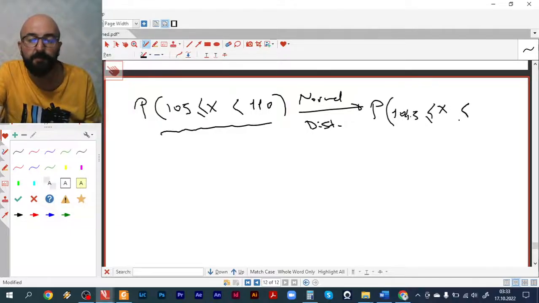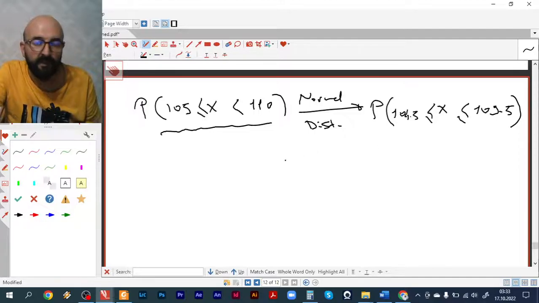And for the upper boundary, 110, you don't want to include 110, so you should use 109.5.